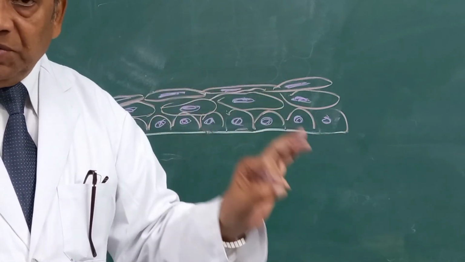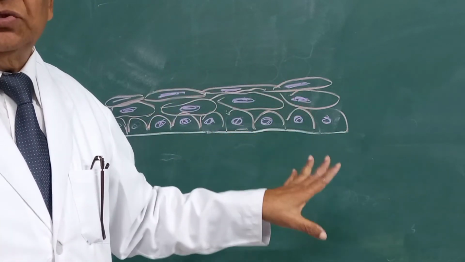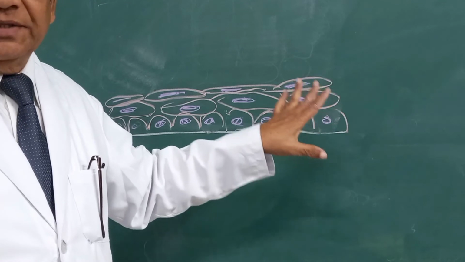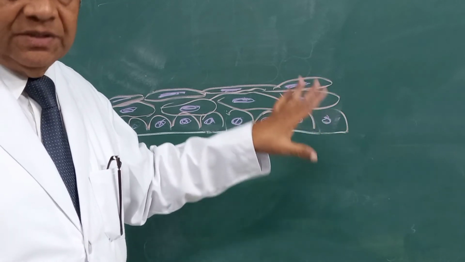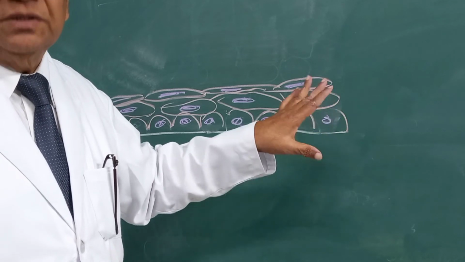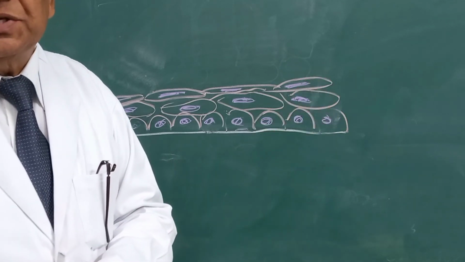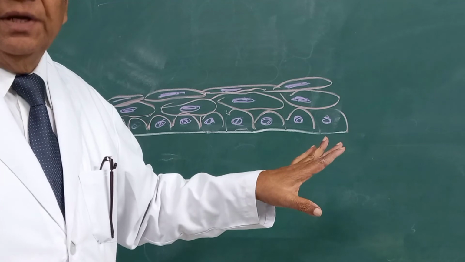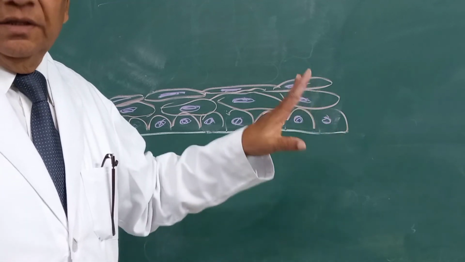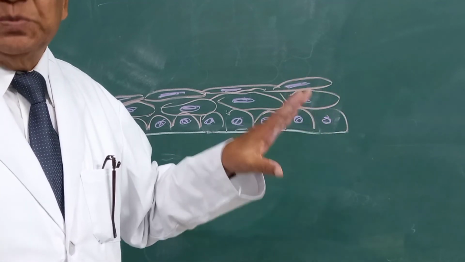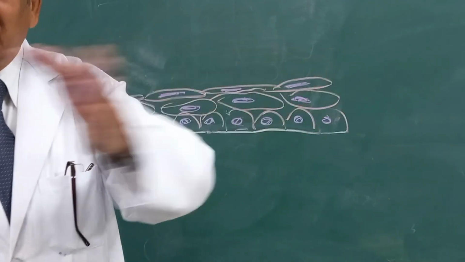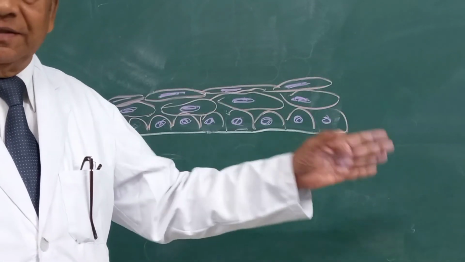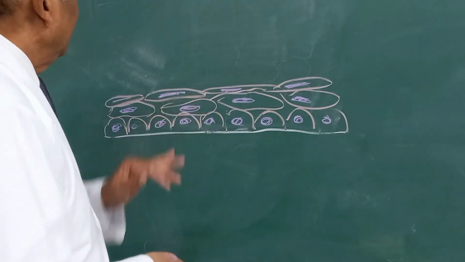So there are two important properties of the urothelium. The transitional epithelium is also called urothelium because it lines the urinary tract. These properties make this epithelium a special kind of stratified epithelium, hence it is classified separately from the stratified epithelium.